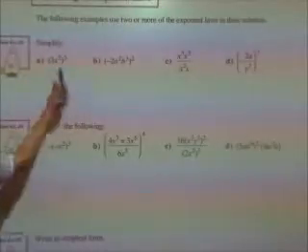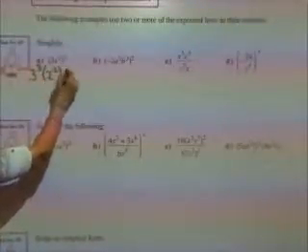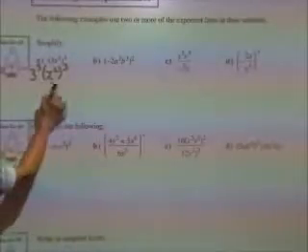So if I look at class example number 3, this is my product law, my power of a product. So the exponent 3 is going to go to the coefficient of 3, and it's going to go to the x. So what is x squared raised to the power of 3?